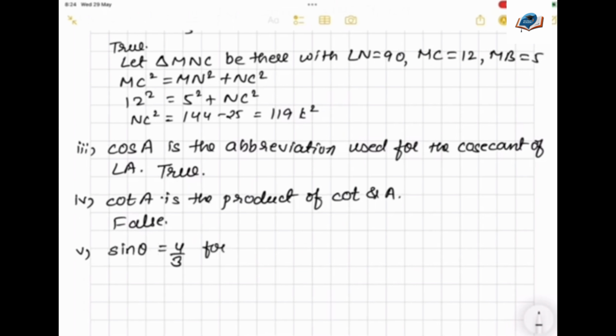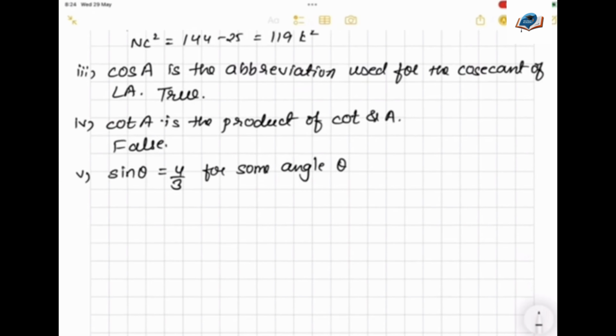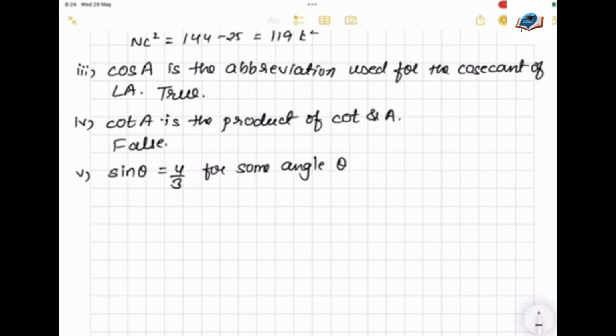Next: sin theta equal to 4 by 3 for some angle theta. This is also false, as sin theta can't be more than 1. So sin theta equal to opposite upon hypotenuse.